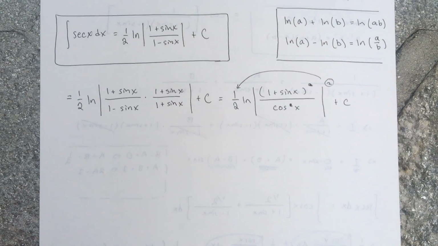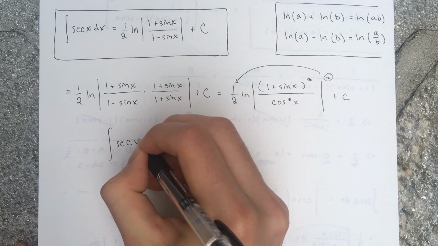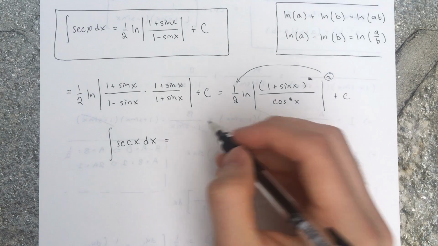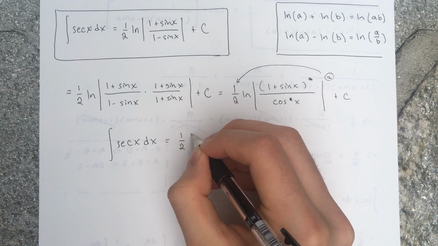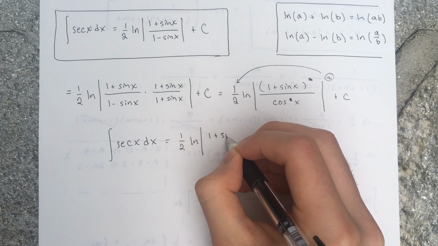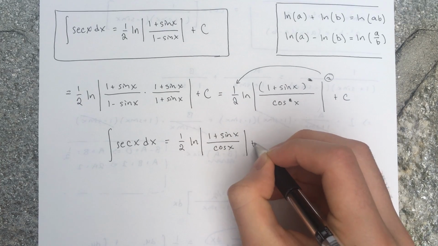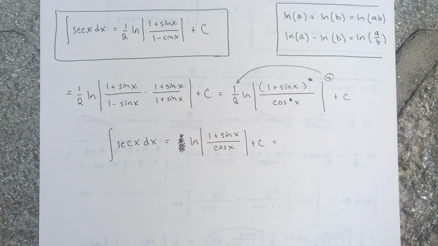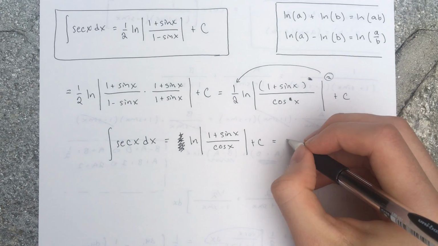So what we're actually going to get for our rewritten answer is the integral of secant x dx is equal to, oh wait, no 1/2, the ln of the absolute value of 1 plus sine x over cosine x plus c.